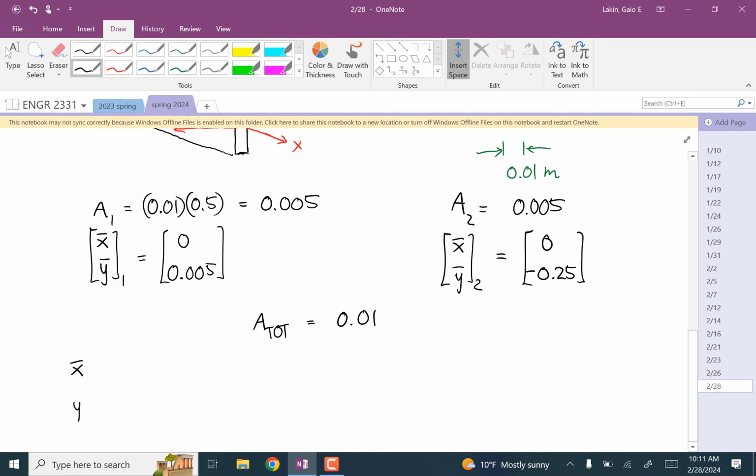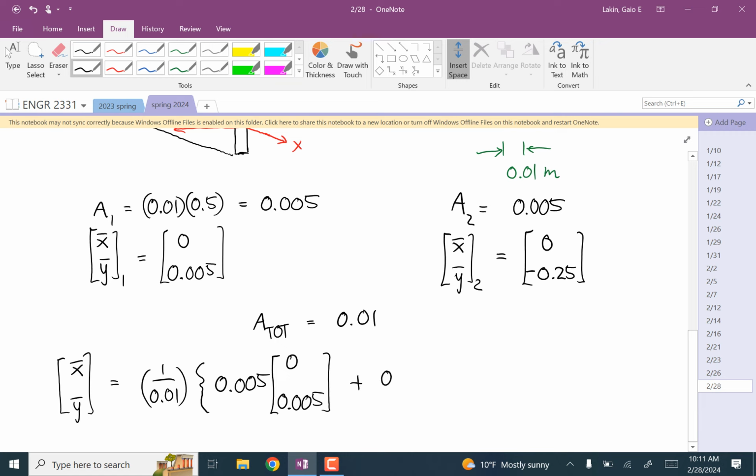And so the centroid is 1 over 0.01 times the quantity 0.005 times 0.005 plus 0.005 times the vector 0, negative 0.25.